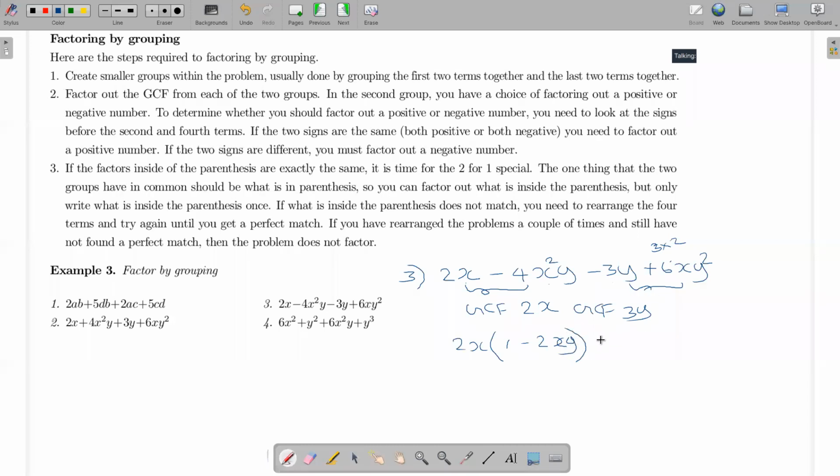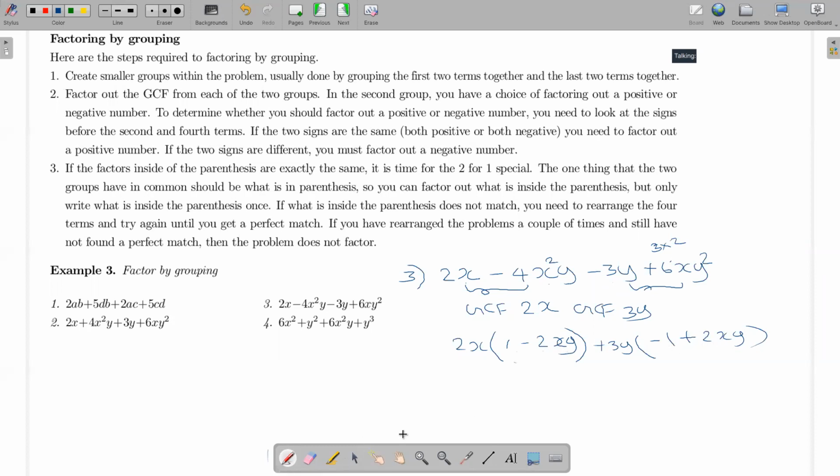If I pull 3y out, there is a problem, because this will become minus 1 and here will become 2x plus y. Now these two are not the same, no? This is 1 minus 2xy. Here it's the other way around.